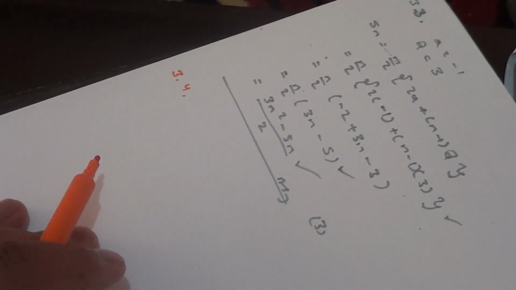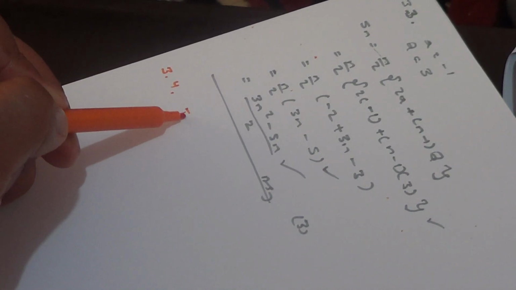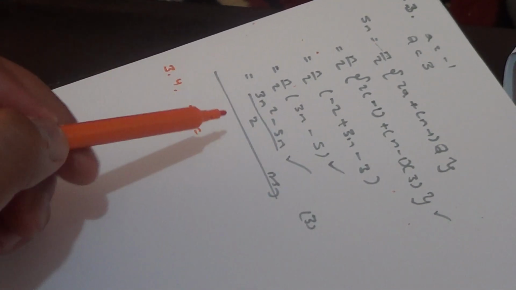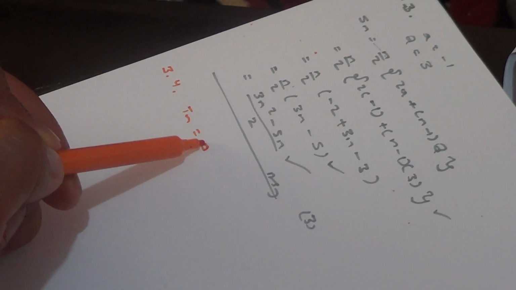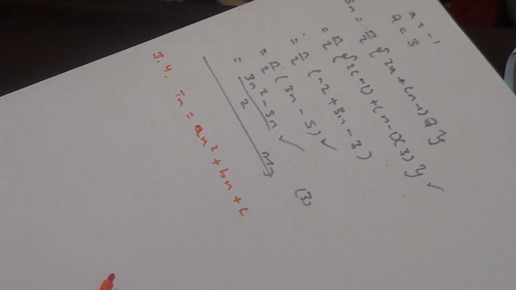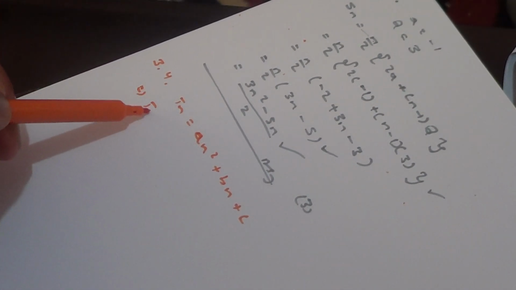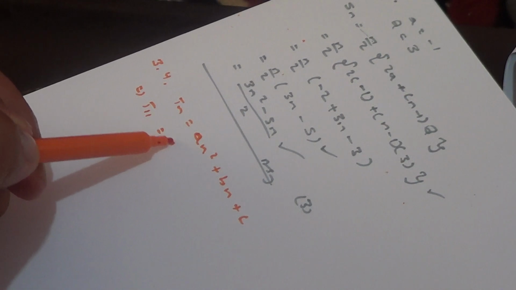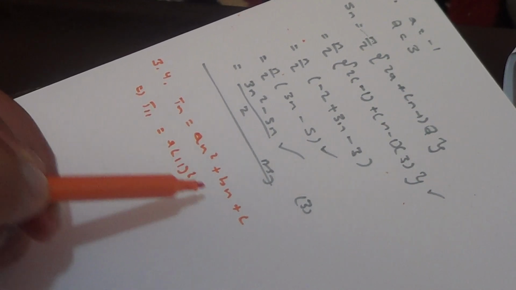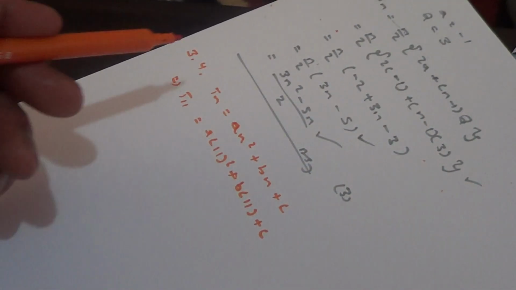3.4. So first we are told that tn equals an squared plus bn plus c. So it's a quadratic thing. Now this would imply that t11 equals a into 11 squared plus b into 11 plus c.